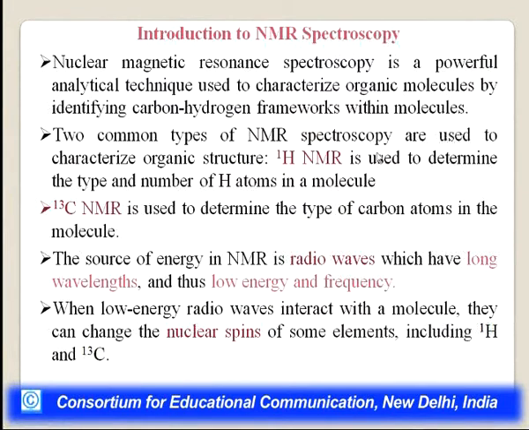Two types of NMR spectroscopy are generally used: Proton NMR, or we can say HNMR, and 13C NMR, or we can say Carbon NMR. HNMR is used to determine the number of protons and the kind of protons in a molecule, right? And C13 NMR is used to determine the carbon skeleton of the molecule.